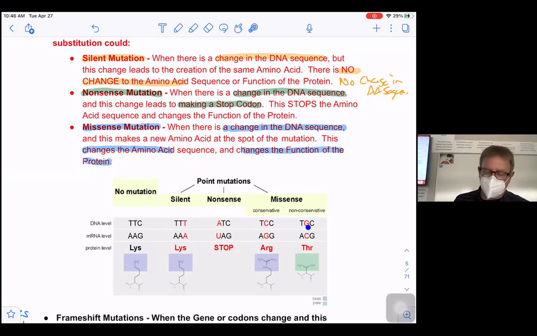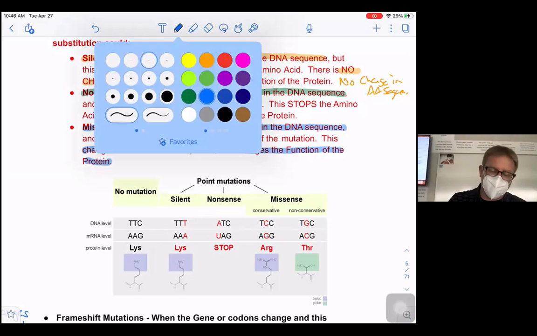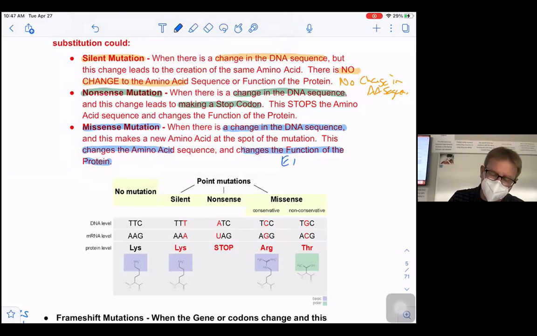We could also see another one, TGG or TGC, which could make threonine. So instead of making lysine, it makes a different amino acid, which changes the function and also changes the expression of the protein.